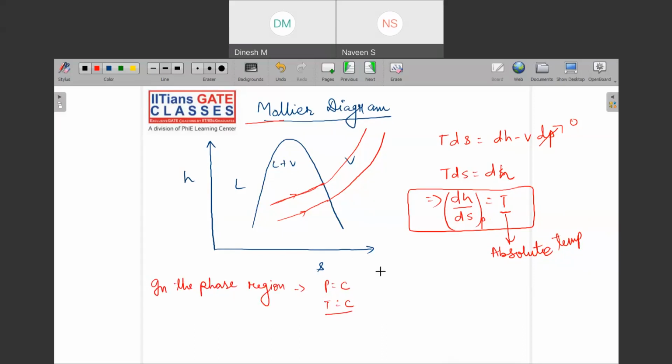Can I say that the slope of the HS diagram in the wet region is constant, if temperature is constant in this region? Yes, the slope is also constant in the phase change region.